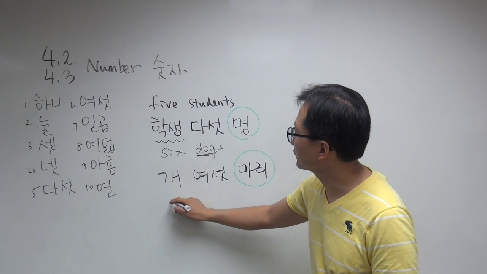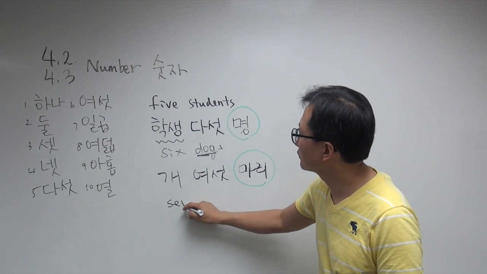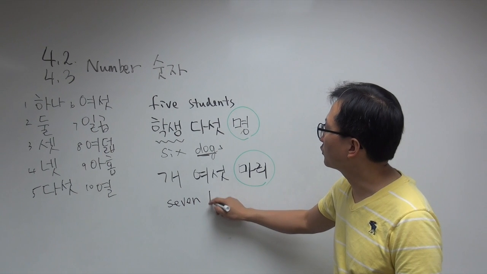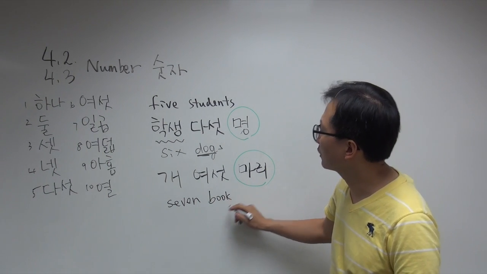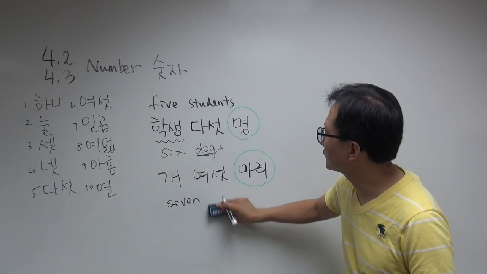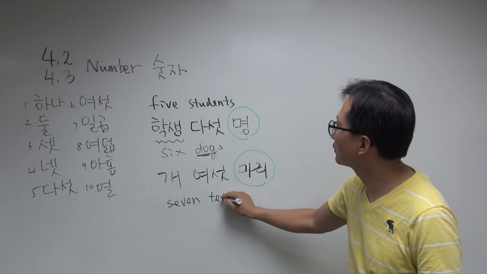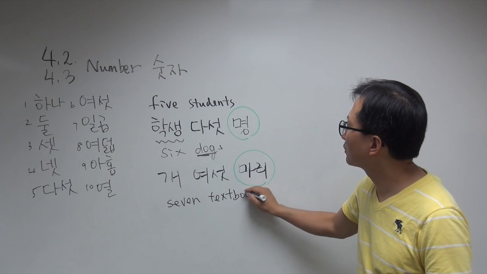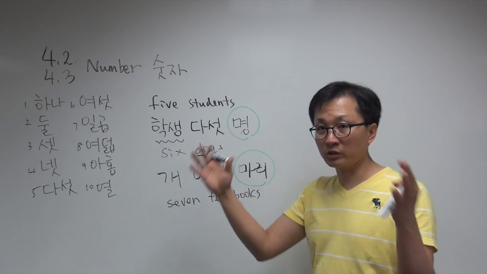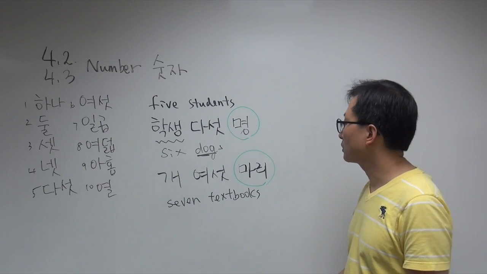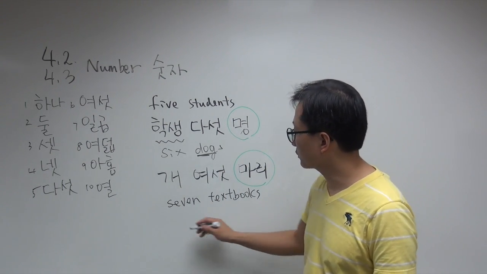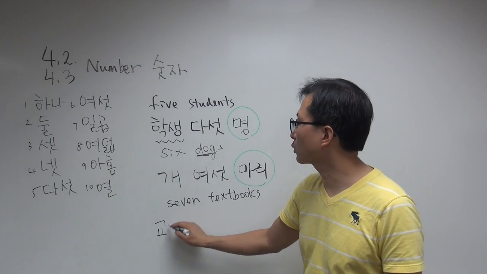Let me give you another example. Like 7 books. Let's say textbooks. The book is one category too. So textbook. What was the word textbook? 교과서.